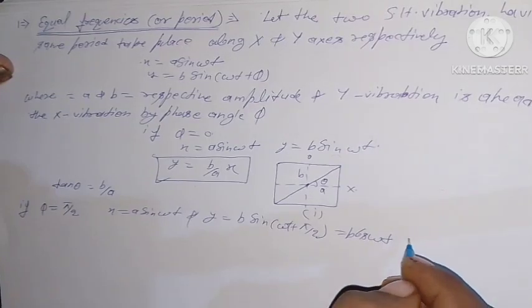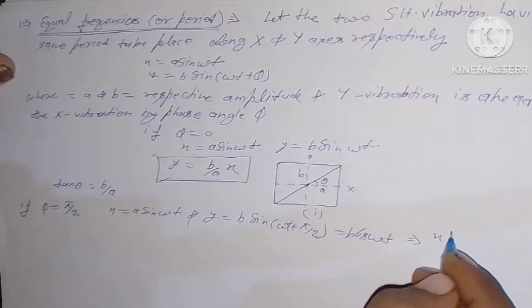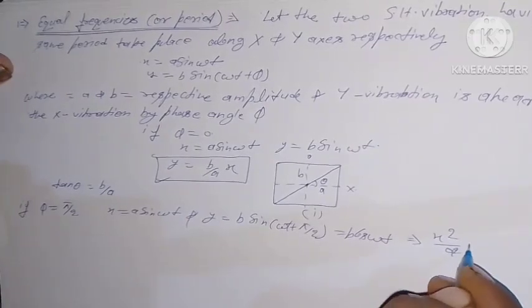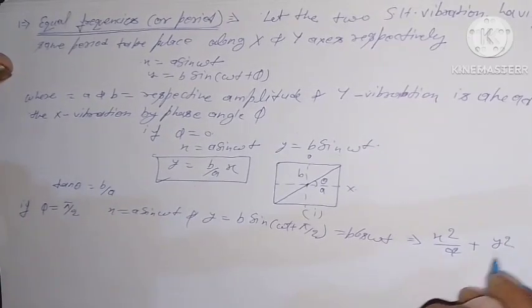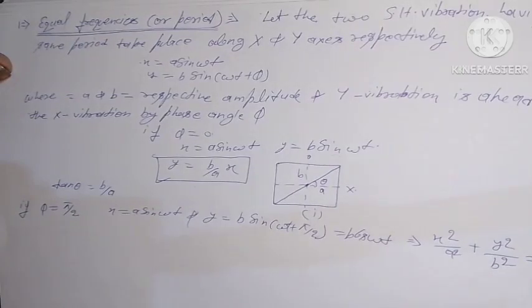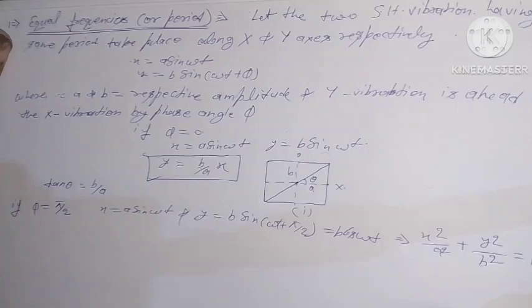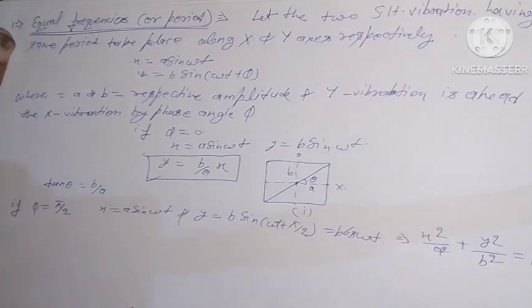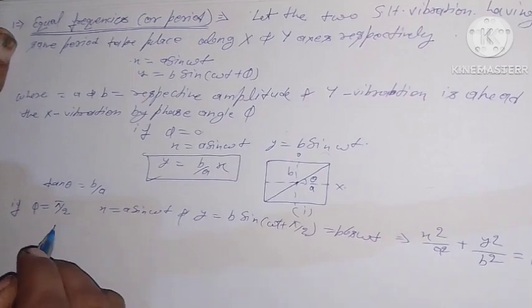Then x square upon a square plus y square upon b square equal to 1. This represents a symmetrical ellipse figure.